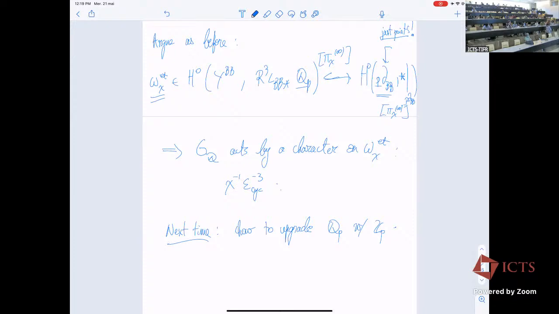Hi, just for today's construction of this Dirac class and the abelian nature of the Galois action, is this something one expects in quite general situations?